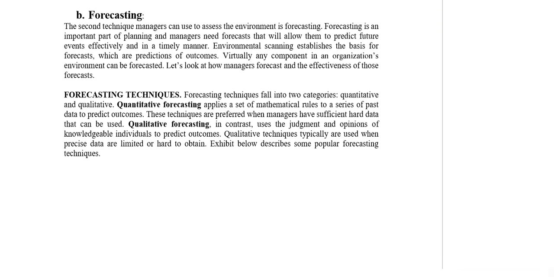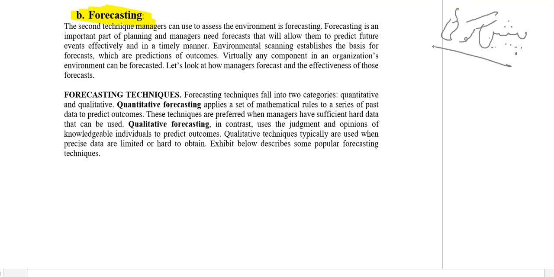After scanning the environment, students, we will conduct another activity which is called forecasting. Forecasting is called peshingoi. Peshingoi means something to predict, and another word which is used is to anticipate.